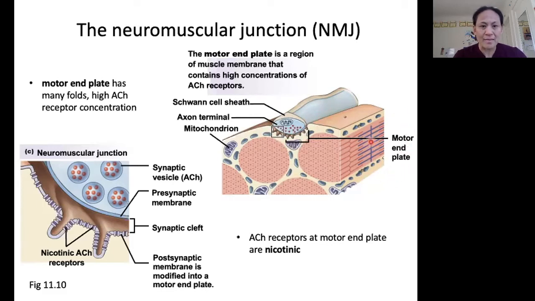If you look over here to the left on the bottom, you can see a blow-up of that motor end plate. There are a couple of things I'd like to point out about its features. One is that it has many folds in it, as you can see in this figure and this figure. It's got lots of folds, and it has lots of nicotinic acetylcholine receptors.